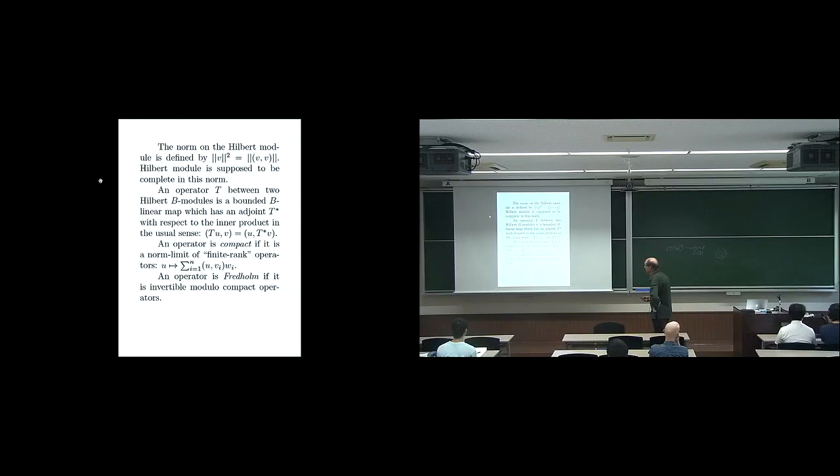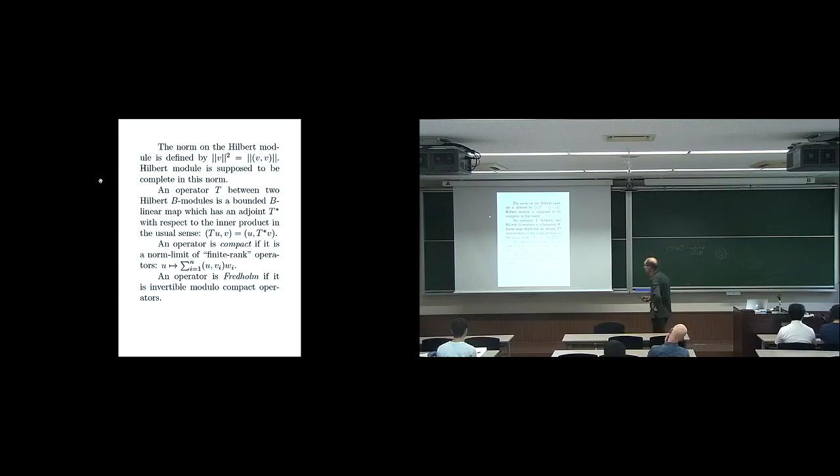So the important class of operators is the compact operators, but not compact in the usual sense of Banach space compactness. It's not this. This is a direct generalization of finite rank operators.